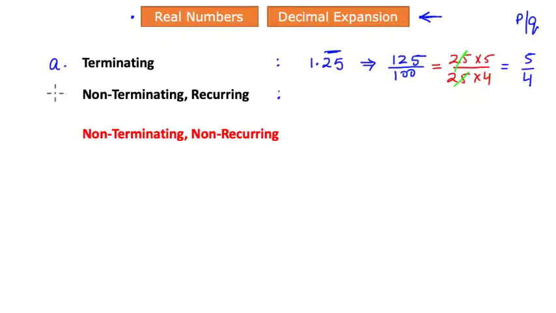Now let us take a look at the second case, what we classify as non-terminating and recurring. So if I were to write a number such as 1.373737 and so on, basically the decimal digits 3 and 7 continue to repeat forever in this pair 37.